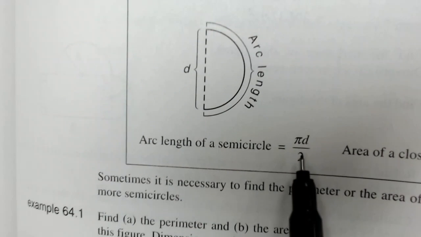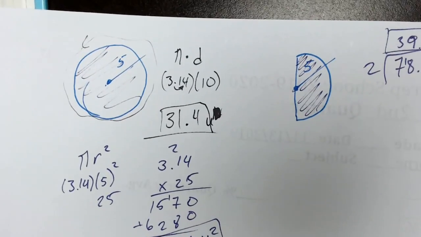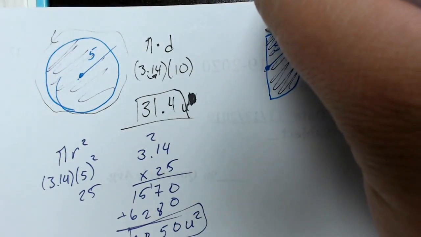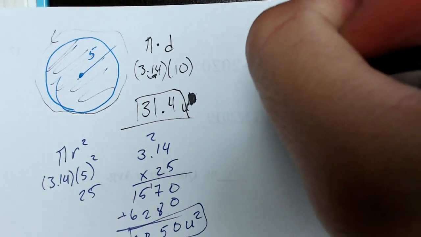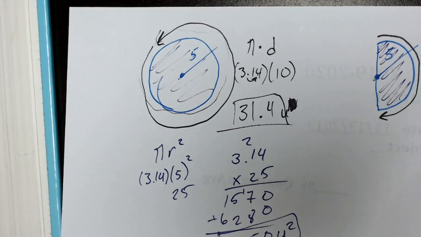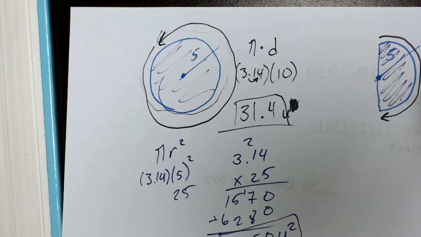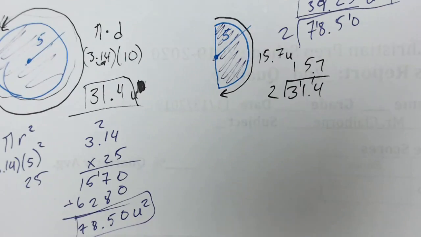The arc length is just the formula for the circumference of a circle divided by 2, because if I want to find the arc length of this circle, the arc length being just from here to here, which is exactly half of this distance, all I have to do is take that distance, which is 31.4, divide that by 2, which gives me 15.7, and now I know the arc length, which is 15.7 units.